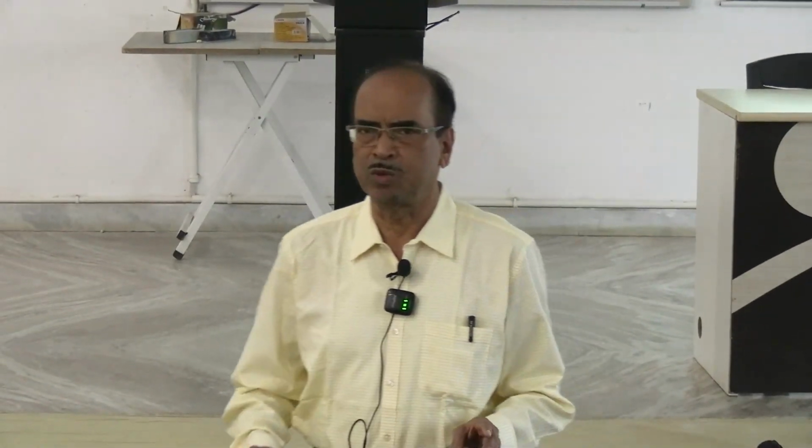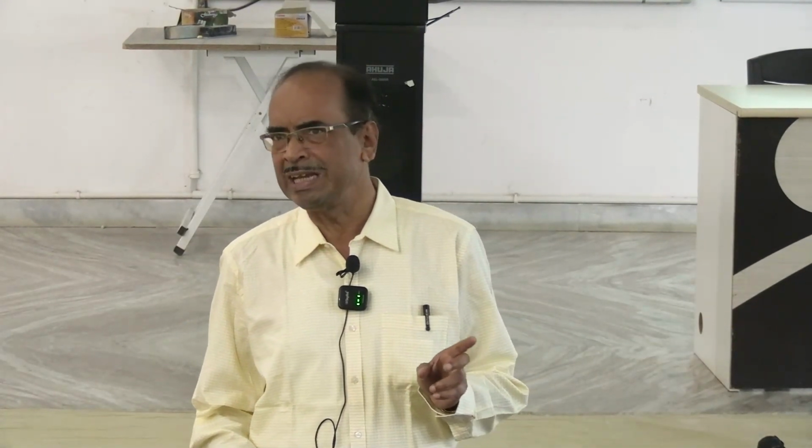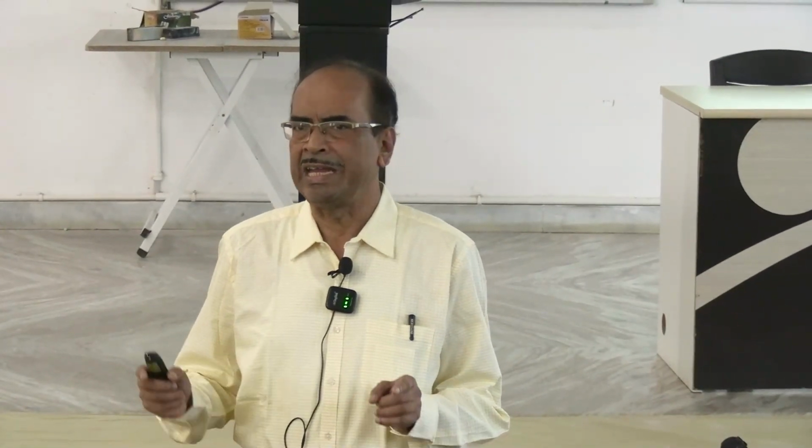There may be two statements. Bronchogenic carcinoma is associated with cigarette smoking. And another statement is bronchogenic carcinoma is caused by cigarette smoking. This is not the same statement. One is association and another is causation.